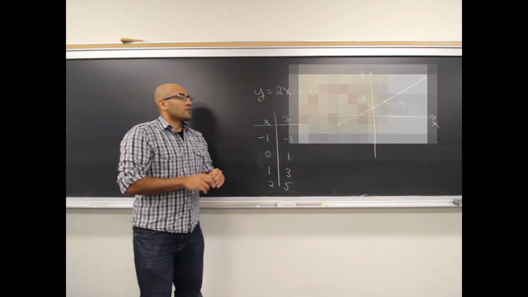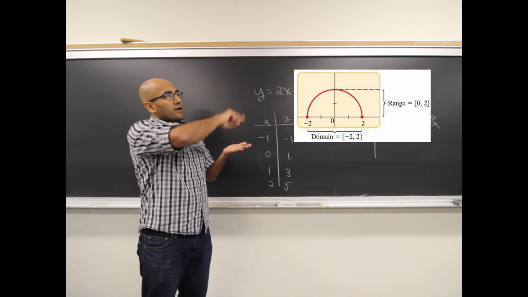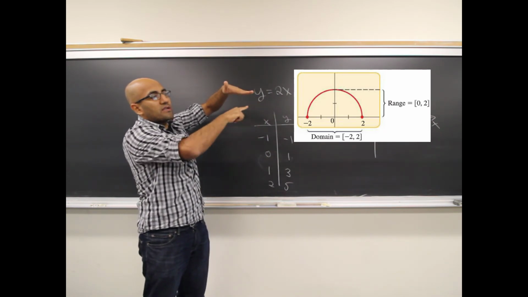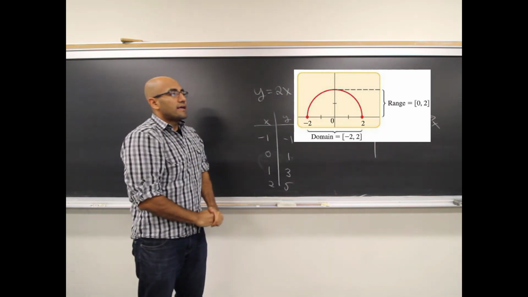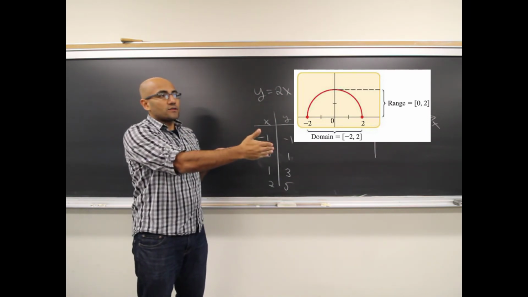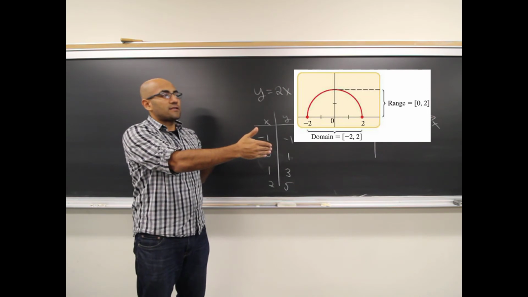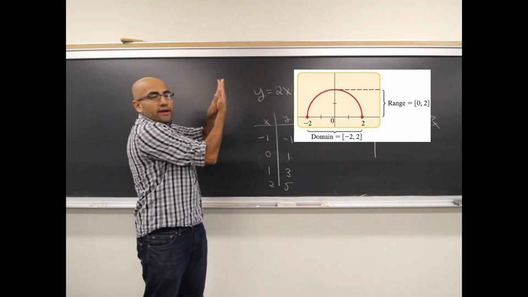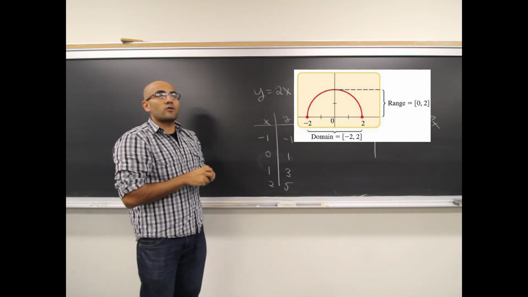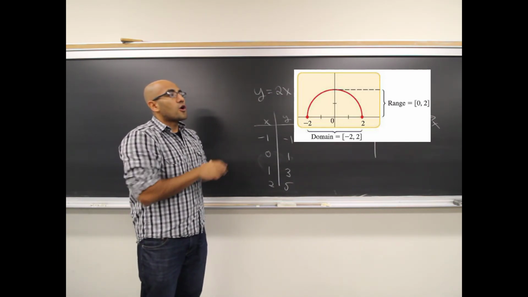So something with some numbers. Consider this one. It's a little half circle, right? If we squash it this way along the x-axis, everywhere it touches along the x-axis is the domain. So it goes from -2 to +2. It touches everything between -2 and +2. If we squash it this way, from 0 to 2, it touches everything from 0 to 2, so that's the range. Notice the brackets.